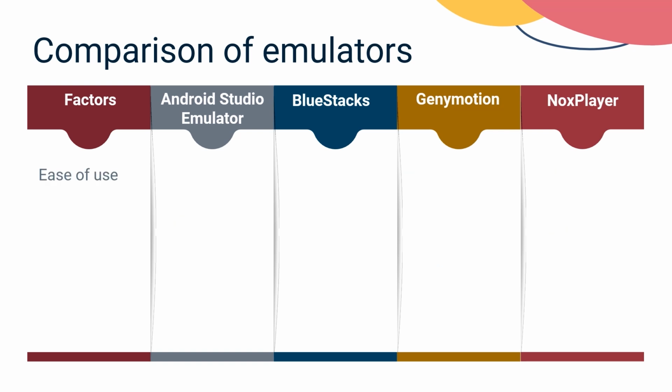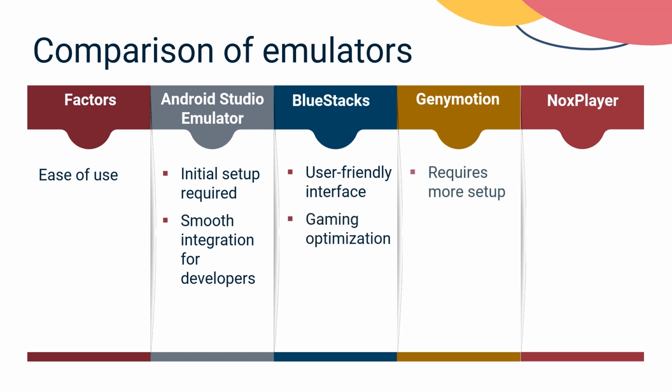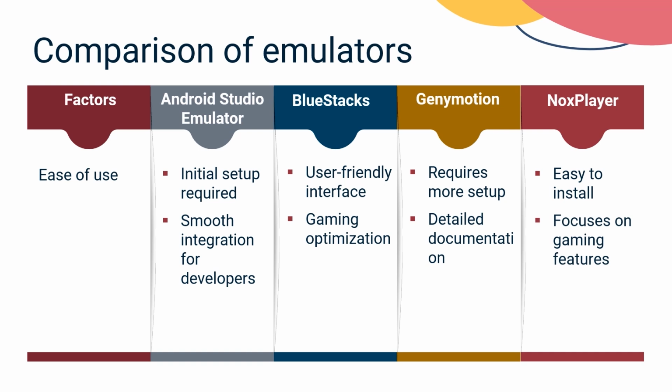In terms of ease of use, the Android Studio emulator requires initial setup but integrates smoothly for developers. BlueStacks is easy to set up with a user-friendly interface, appealing to gamers and casual users. Genymotion needs more setup, but provides detailed documentation for gaming developers. Nox Player is easy to install, focusing on gaming features for quick use.